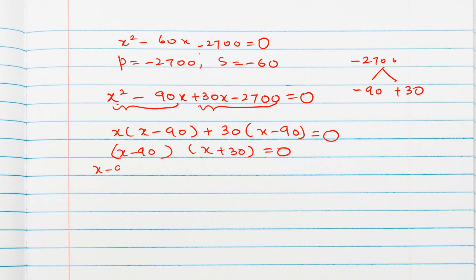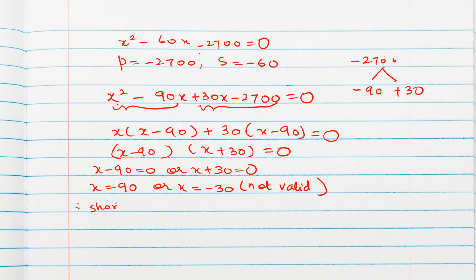So x minus 90 equal to 0 or x plus 30 equal to 0. So x equal to 90 or x equal to minus 30. But since it is the length of the side, it cannot be negative. Length cannot be negative, distance cannot be negative. So this value we will write not valid. So x equal to 90, that means shorter side is 90 meters.